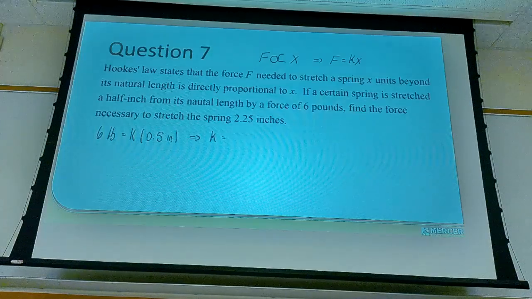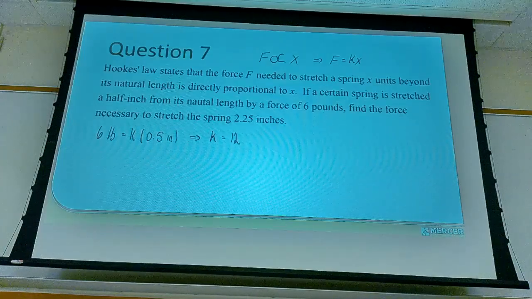Six divided by a half. You did 6 times a half. You want 6 divided by a half. It's 12.